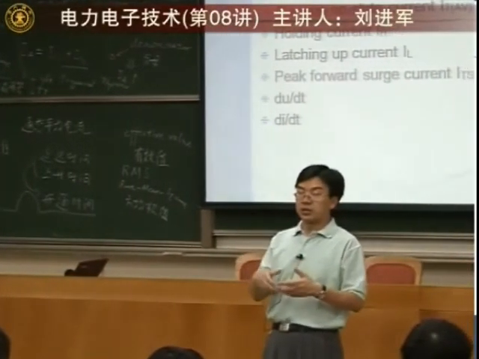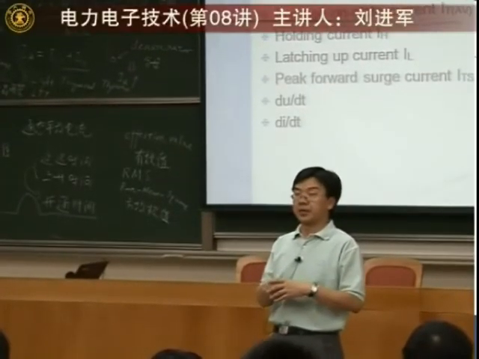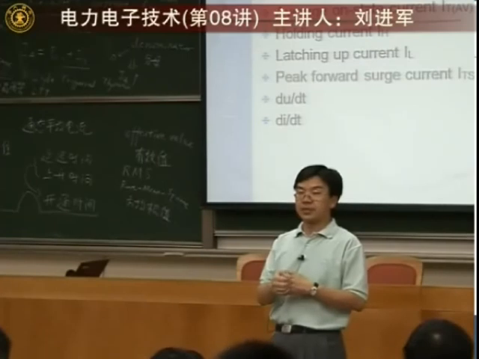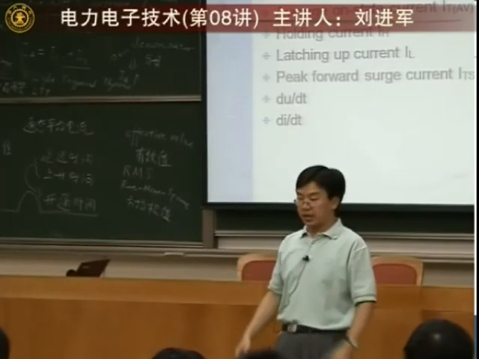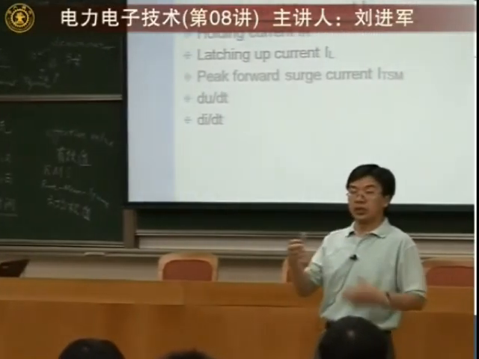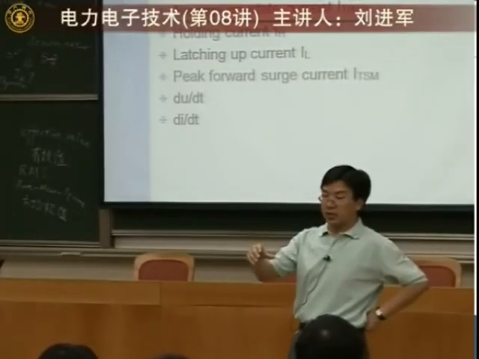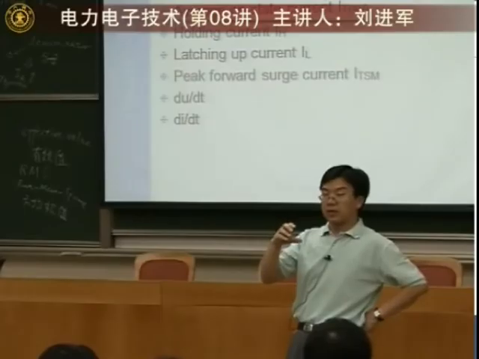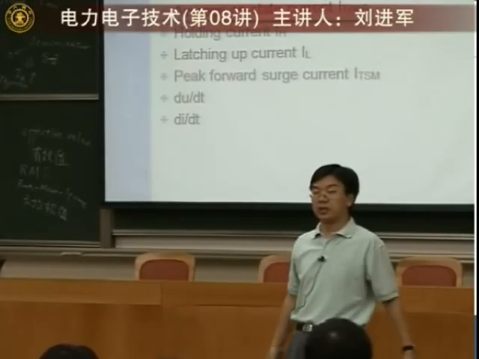And energy loss is actually producing heat. If you want to evaluate the heat or energy loss on the thyristor, then you usually use the effective value. If the current flowing through the thyristor has an effective value exceeding the limit, then the thyristor will be destroyed.